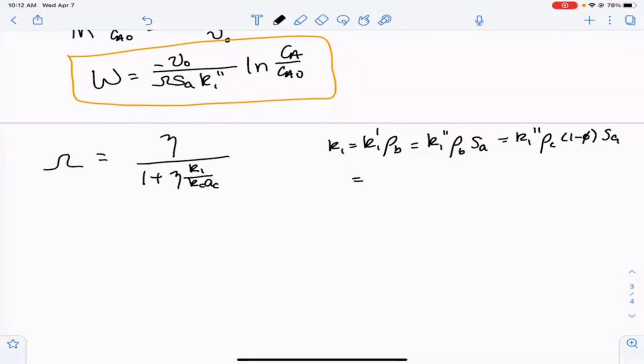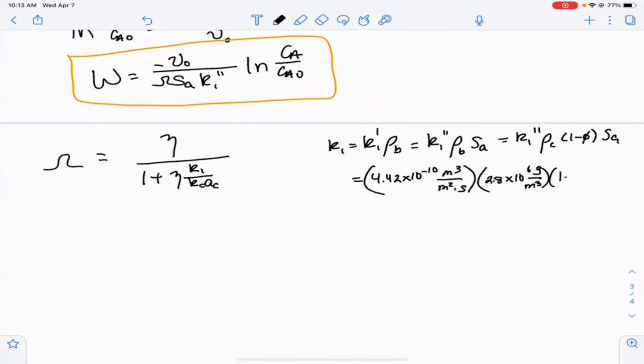So we're given K1 double prime in the problem. So this is 4.42 times 10 to the minus 10 meters cubed per meter squared seconds. And then we have rho C, which is given in the problem as 2.8 times 10 to the 6th grams per cubic meter, times 1 minus the porosity of the bed, which is 0.5, times the surface area, which is 530 meters squared per gram.